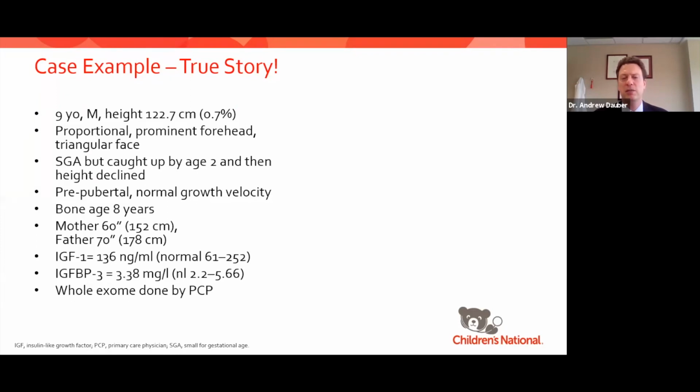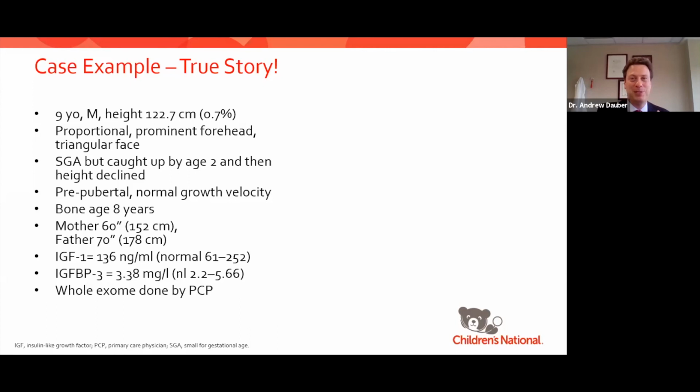The mother's height, you see there, 5 feet tall, the father 5'10". So the mom a little bit on the shorter side, but not outside the normal range, had a normal IGF-1 and IGFBP-3, and their primary care physician ordered whole exome sequencing. I cannot make this up. This is a true story. And they came with a result from their exome sequencing to the pediatric endocrinologist, which was not me, and they asked them, what do you think of these results?